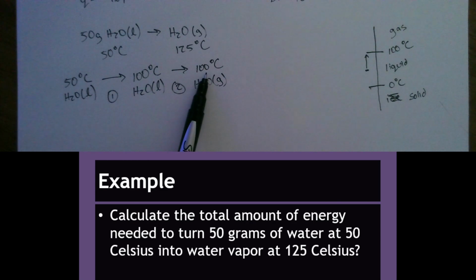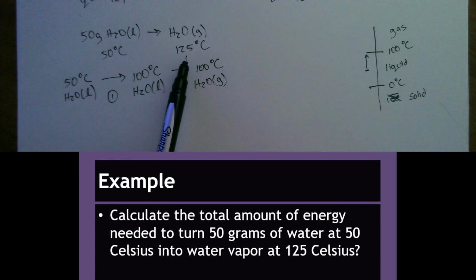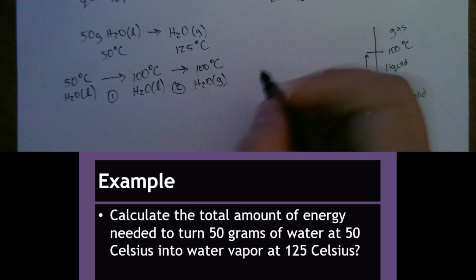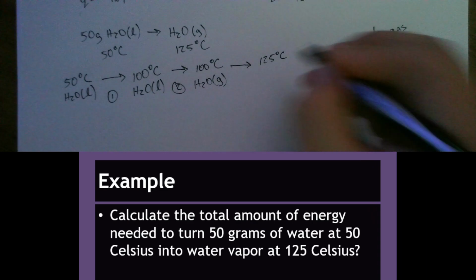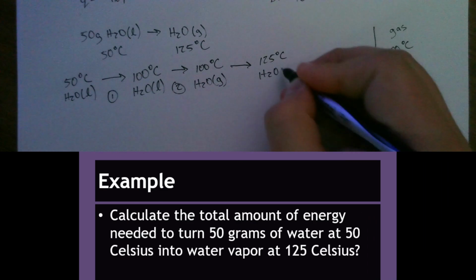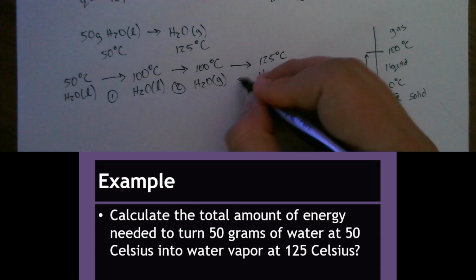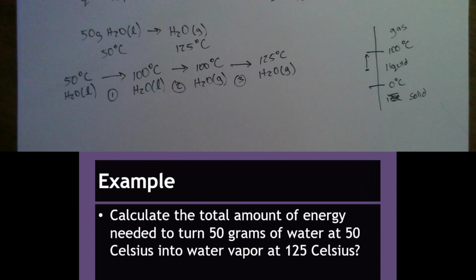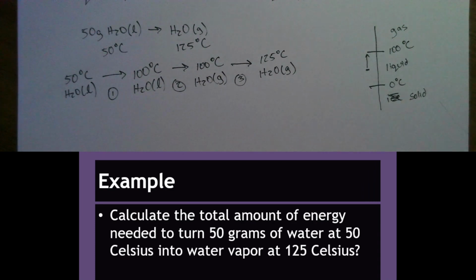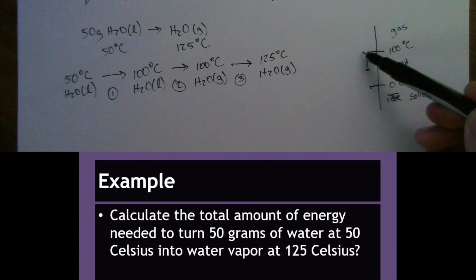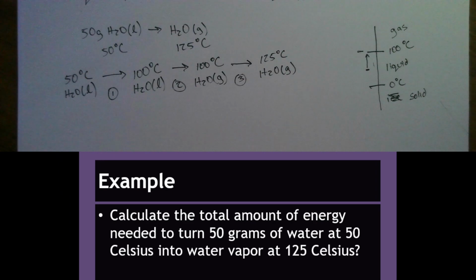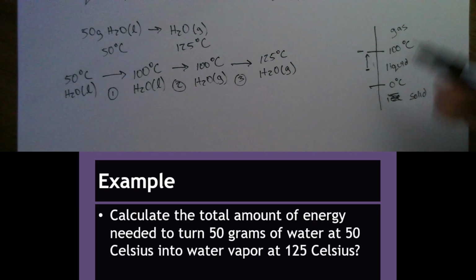Now I have 100 degrees Celsius water vapor, but my question wanted 125 degrees Celsius water vapor. So I'm going to heat this up until I get to 125 degrees, and I still have water vapor. That's going to be my third step. Okay. So anytime you need to cross the barrier to melt or freeze or something, that's going to be its own separate step. You're going to calculate that much heat. And then this one actually has to warm up a little bit more.